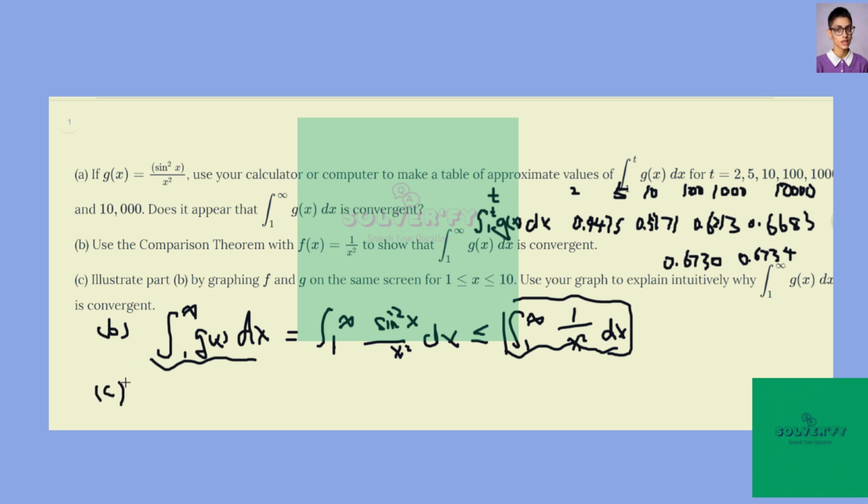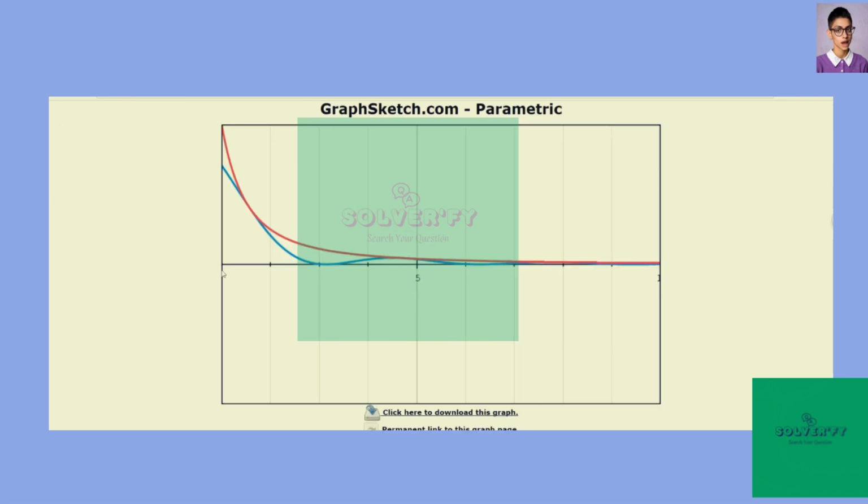For part C, look at the graph here. The red curve is the curve of 1 over x squared, and the blue curve is g of x. We can see the blue curve is always under the red one.